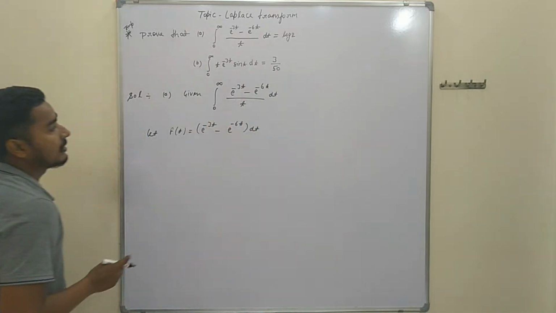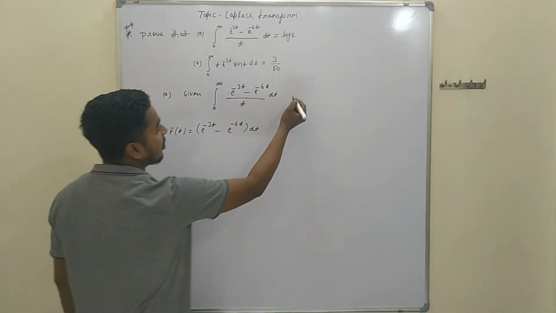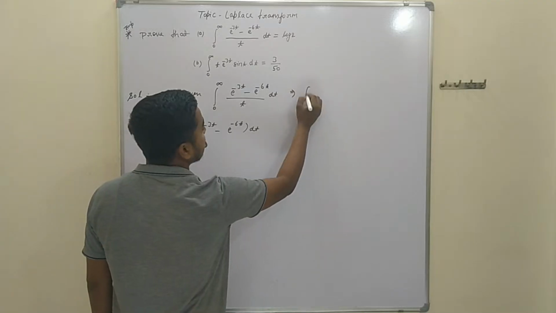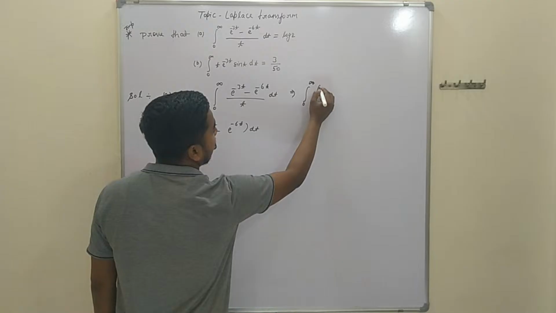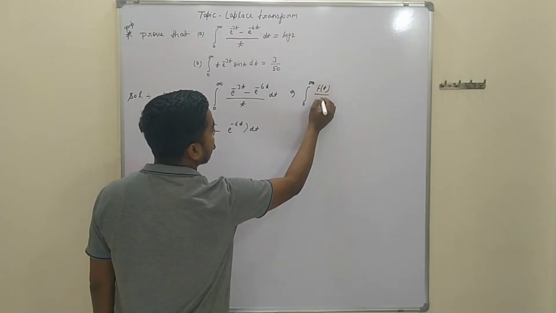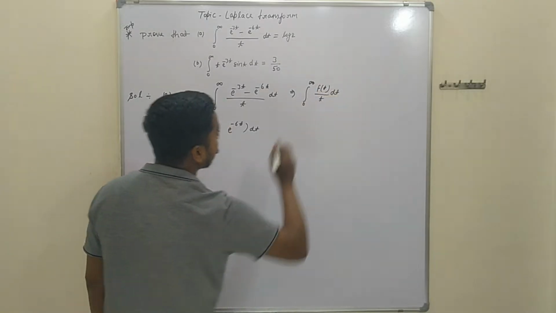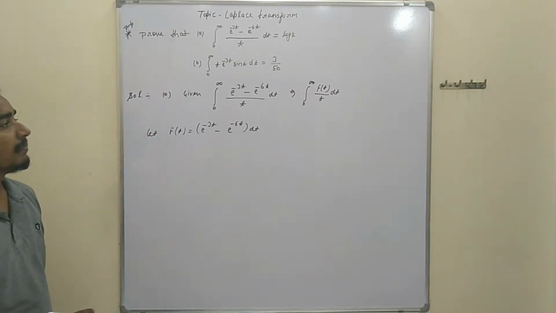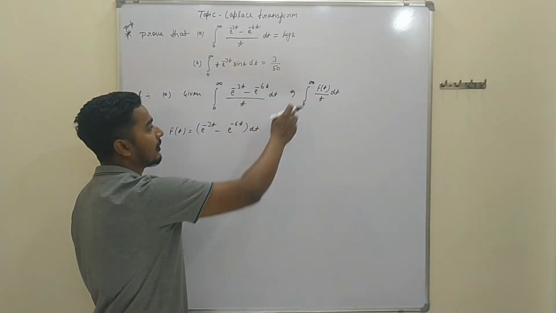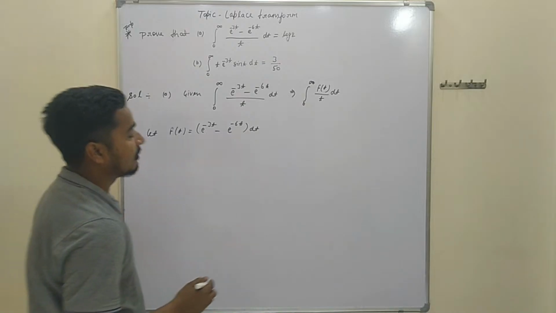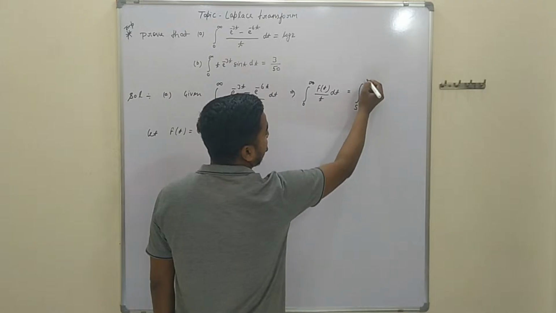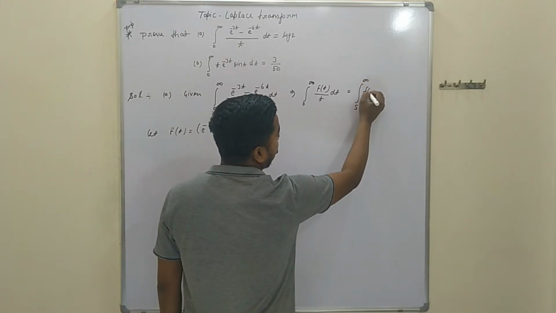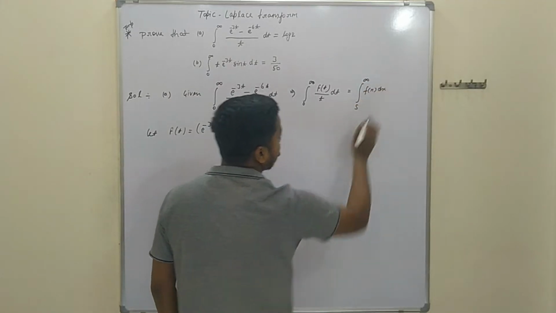Then the given integral becomes the integral from 0 to infinity of f(t) upon t dt, and we know that the integral from 0 to infinity of f(t) upon t dt is given by the integral from s to infinity of f(x) dx.